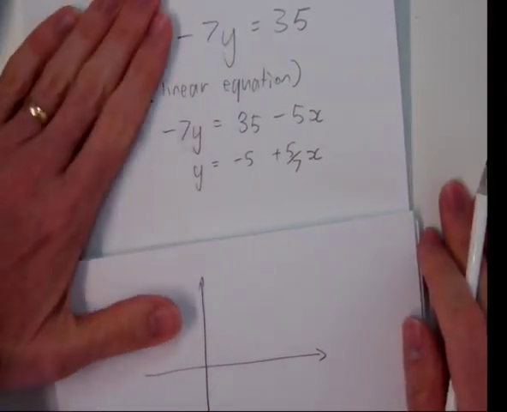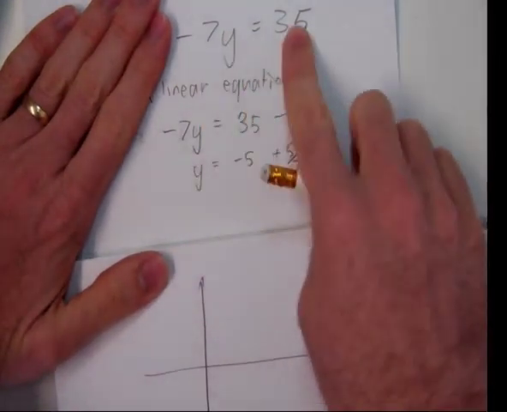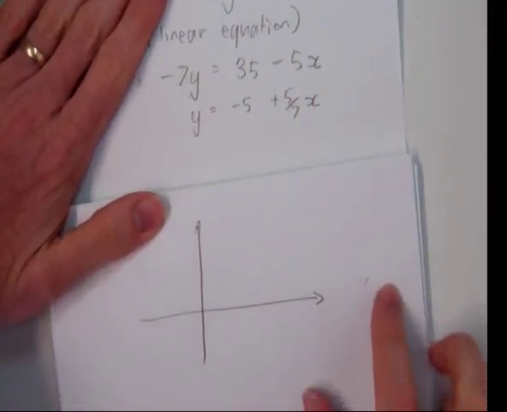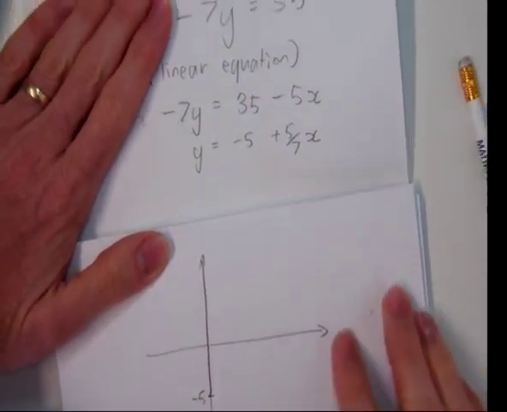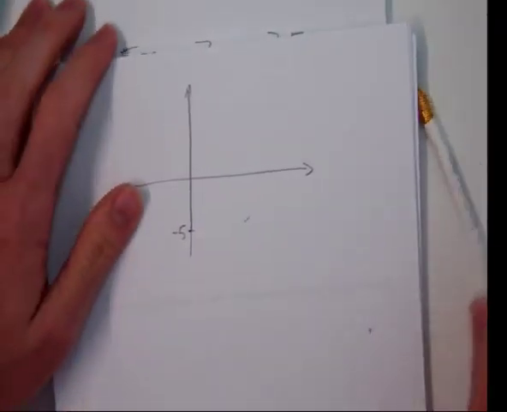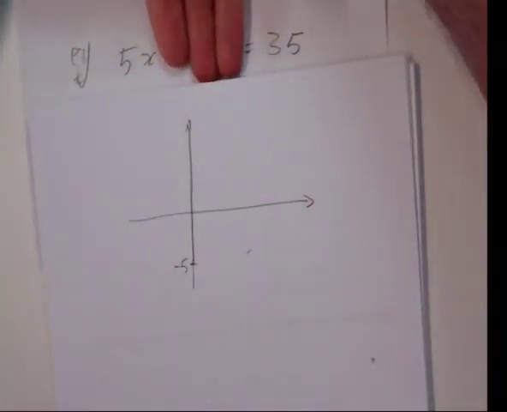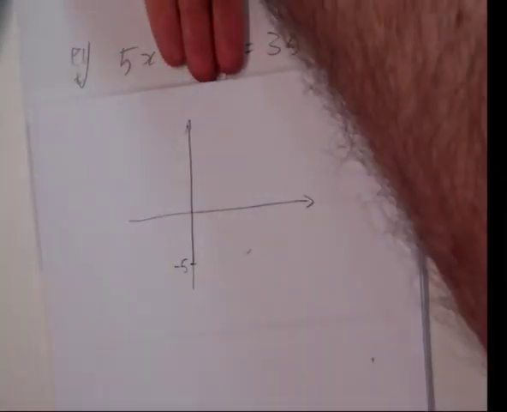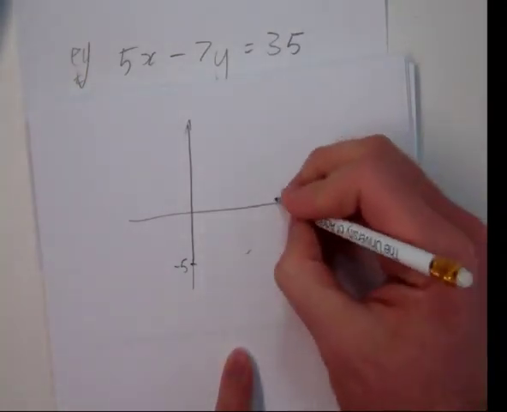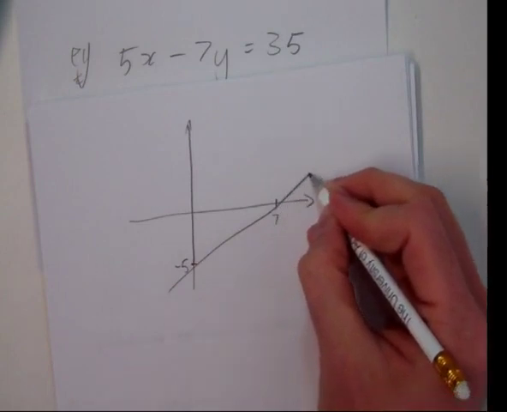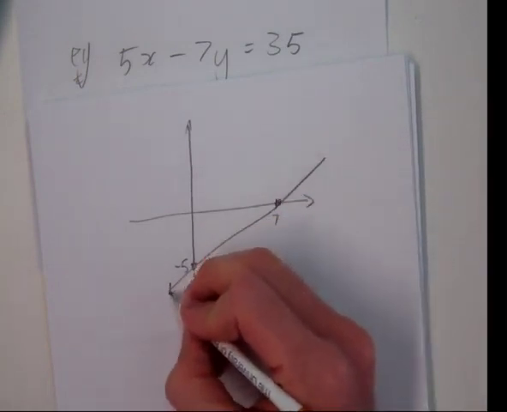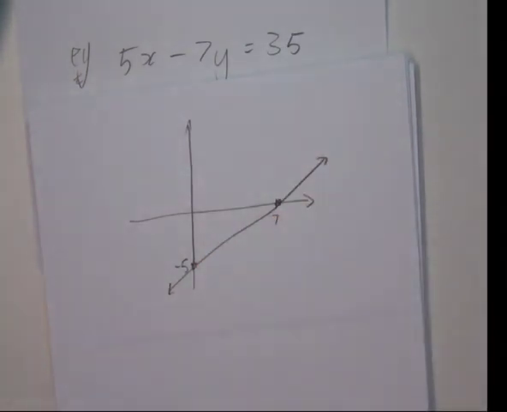If x is 0, I get 7y is 35, so y must be minus 5, so it crosses at y equals minus 5. If y is 0, I'll cover that up. 5x is 35, so x must be 7. So it crosses the x-axis at 7, and I can join those points up. It's supposed to go through there. And that will make my straight line.